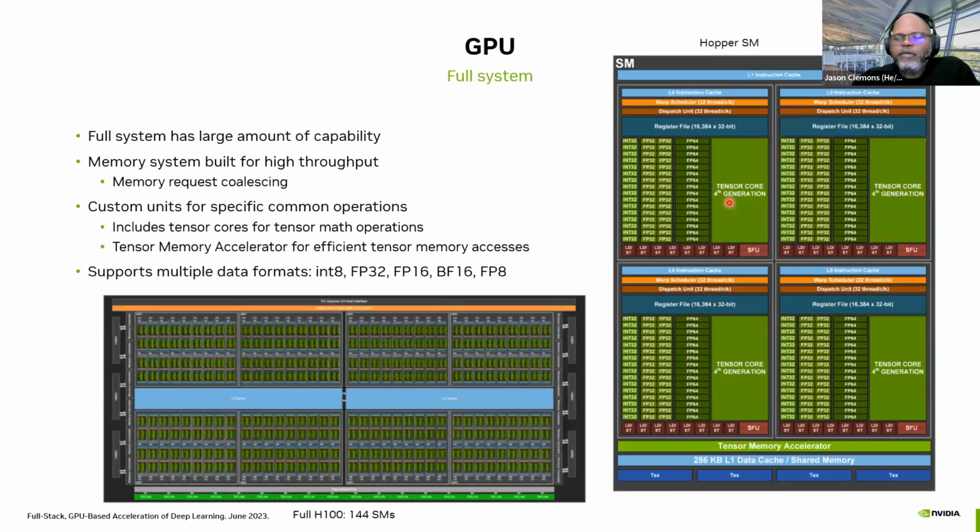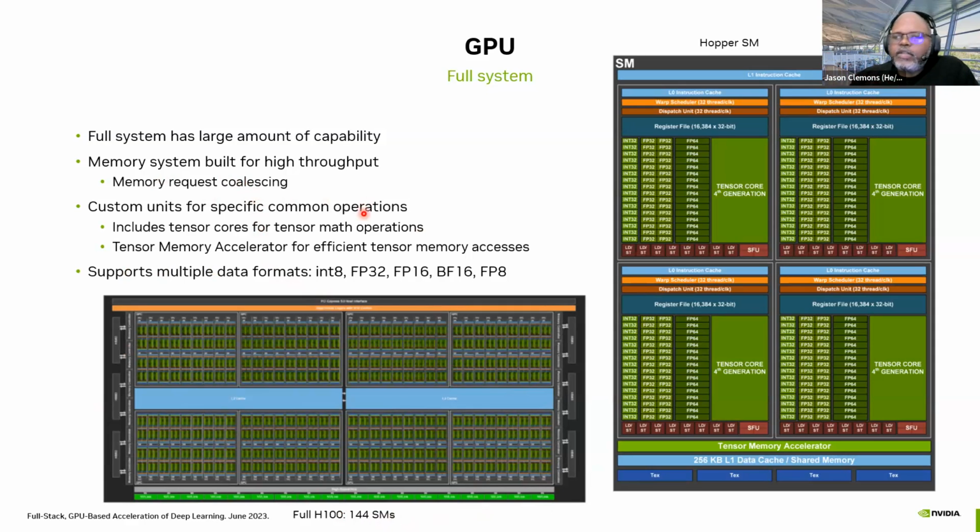But what's great is, I was just showing this diagram of what a full GPU really looks like. If you look down here to the lower left, this is the H100 in all its full glory. 144 streaming multiprocessors, each one with lots of individual CUDA cores. And it does support that idea of memory request coalescing. So if the SM has lots of threads requesting data, it'll combine them all and give us an efficient fetch back from memory.